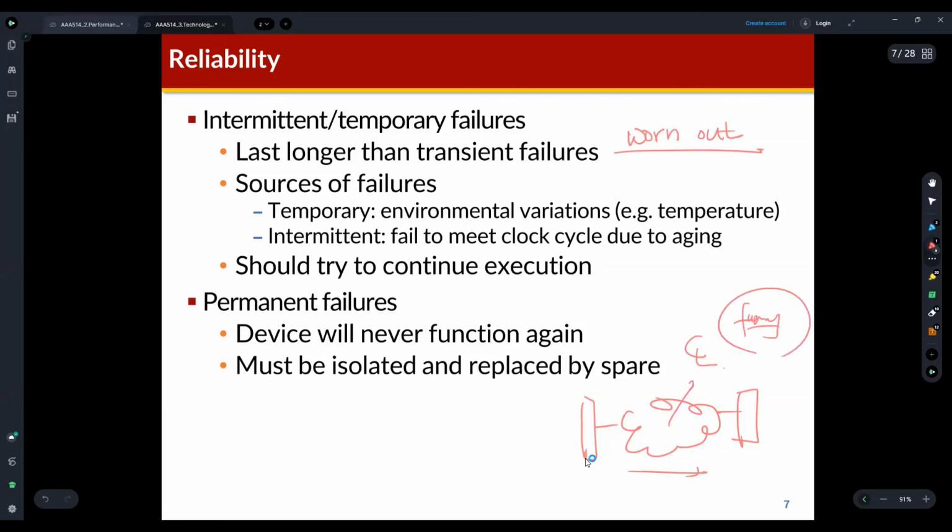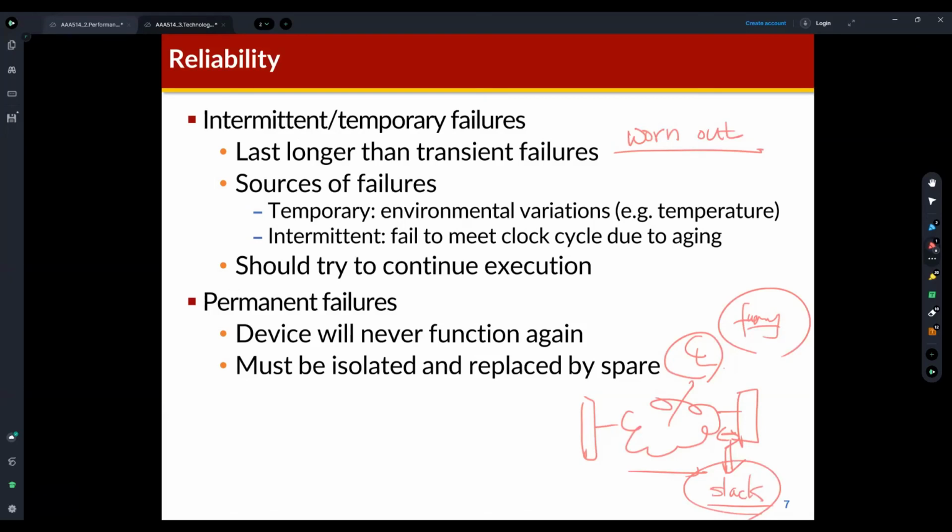But if we use the processor chip for a long time, then the delay of this combinational logic is increased. When we design a digital system, we have a time gap between the clock period and the delay of the combinational logic, and this time gap is called slack.